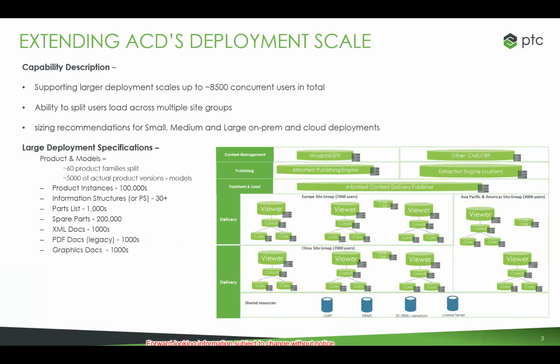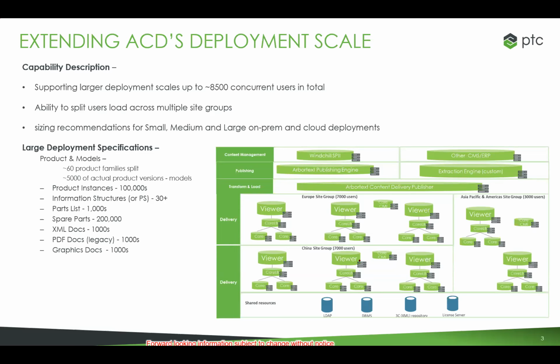And we have managed to get to a point where we can support up to 4 times that size, so around 8,500 concurrent users. That's the total count that ACD is currently capable of supporting. That means a lot in terms of deployment and adoption of ACD, because it allows you to start small and then gradually grow your deployment based on expansions or any deployment needs that our customers have.